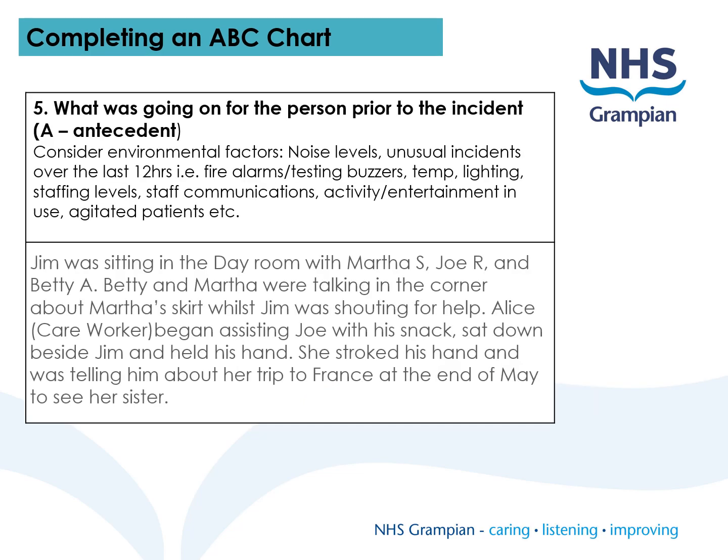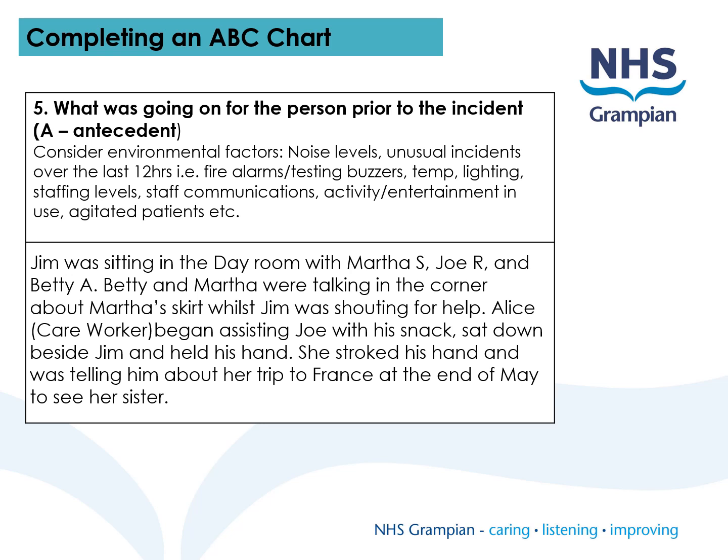So here, this is the first part, which is the antecedent. So it's considering what was going on to the person prior to becoming distressed. Antecedents can trigger or reinforce the stress, so identifying them helps us to identify the cause of the stress so that preventative action can be taken in the future.